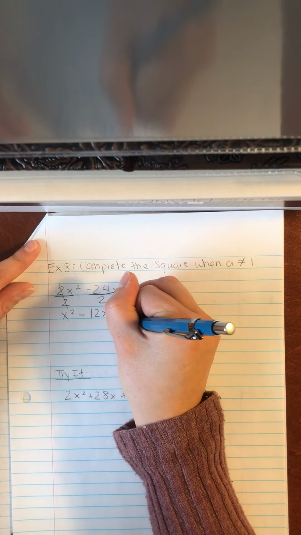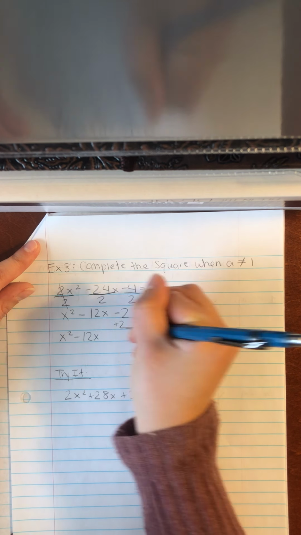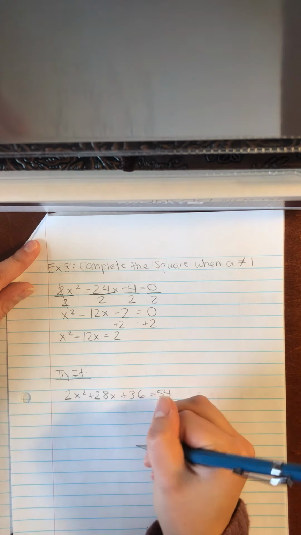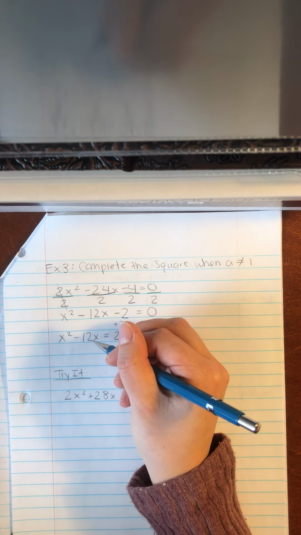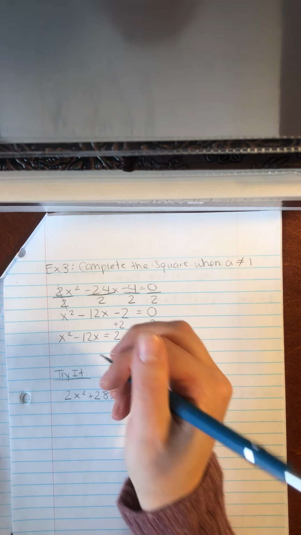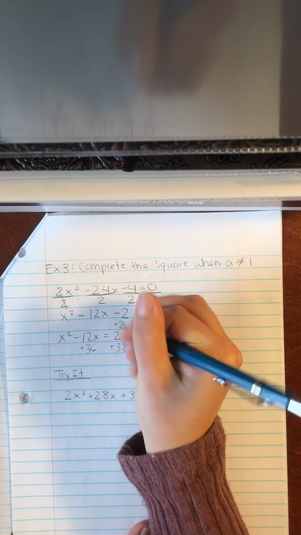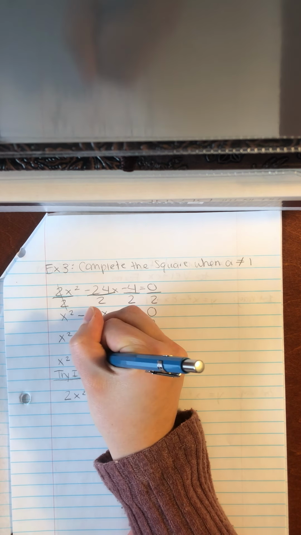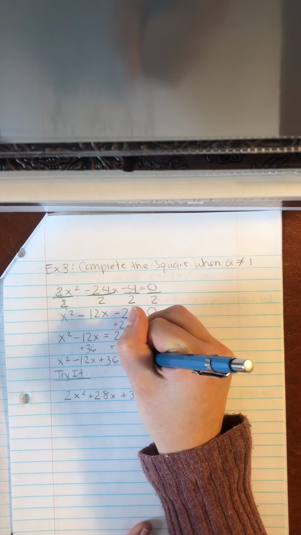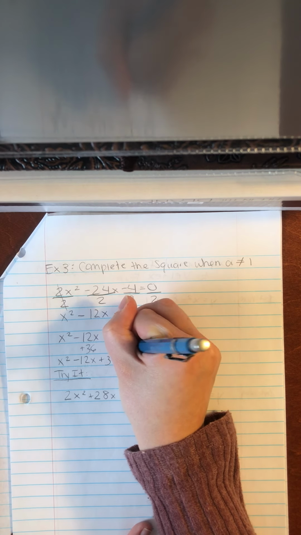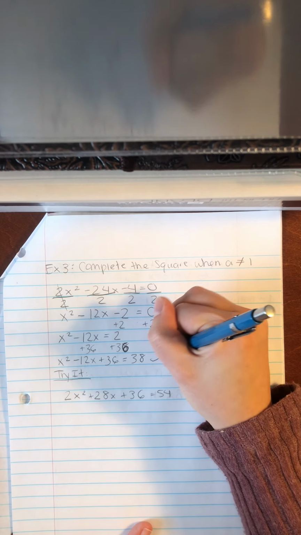Now I'm going to move over my constant term. x squared minus 12x equals 2. Half of negative 12 is negative 6. Negative 6 squared is positive 36, so I'm going to add 36 to both sides. That gives us x squared minus 12x plus 36 equals 38.